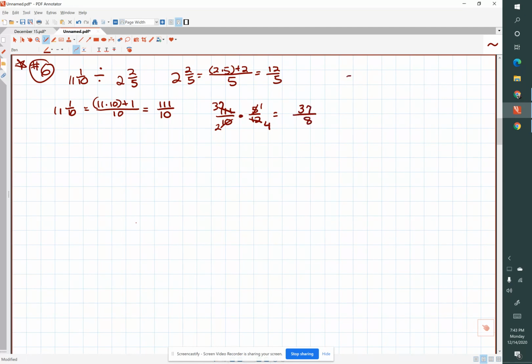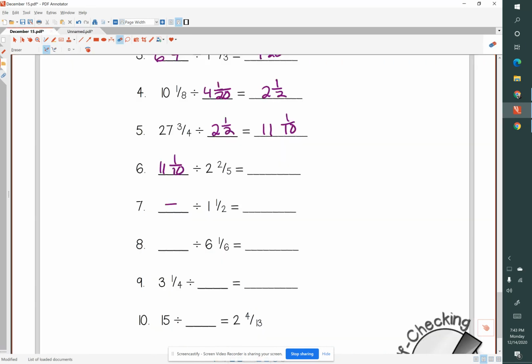Let's convert that to a mixed number. 37 divided by 8 is 4. And 4 times 8 is 32, with 5/8 left over. So that's our final answer, 4 5/8. Let's put that on our paper and get ready for the next problem.